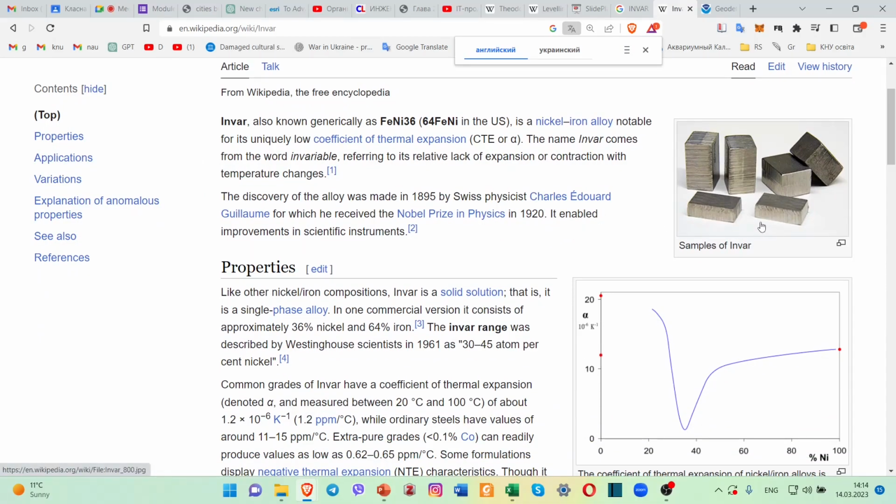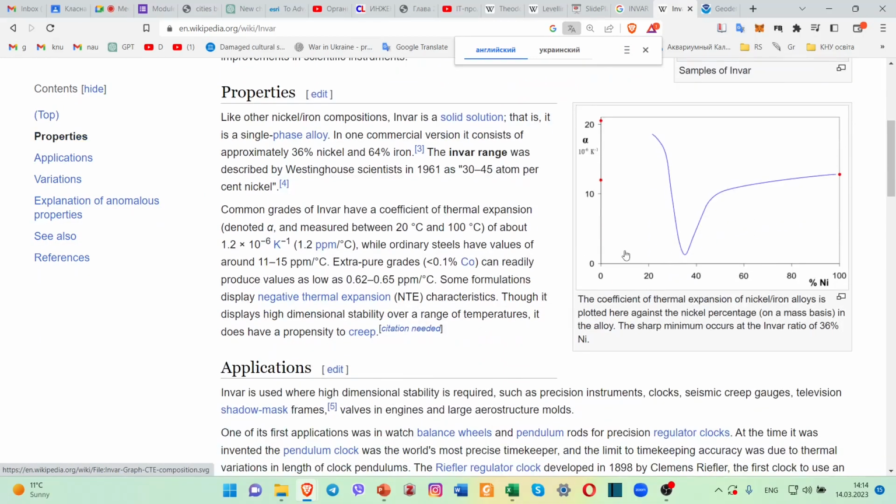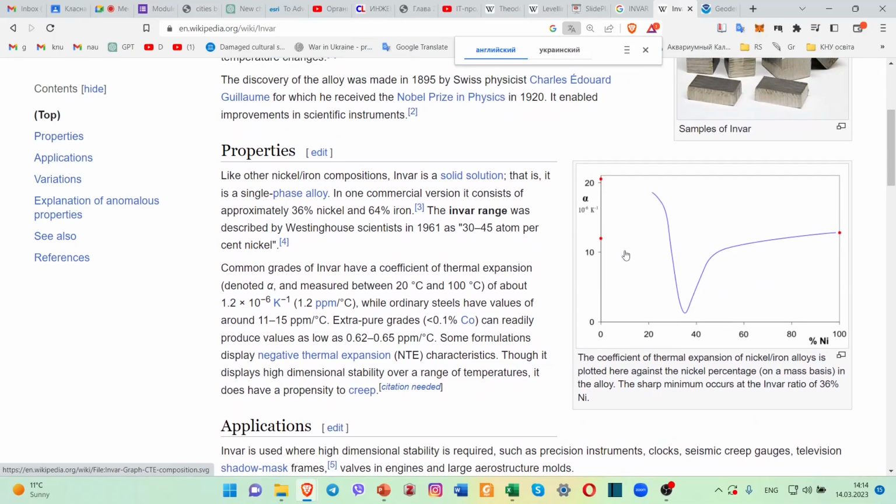You can see samples of this Invar, and the coefficient of thermal expansion of nickel iron alloys is plotted here against the nickel percentage on a mass basis.